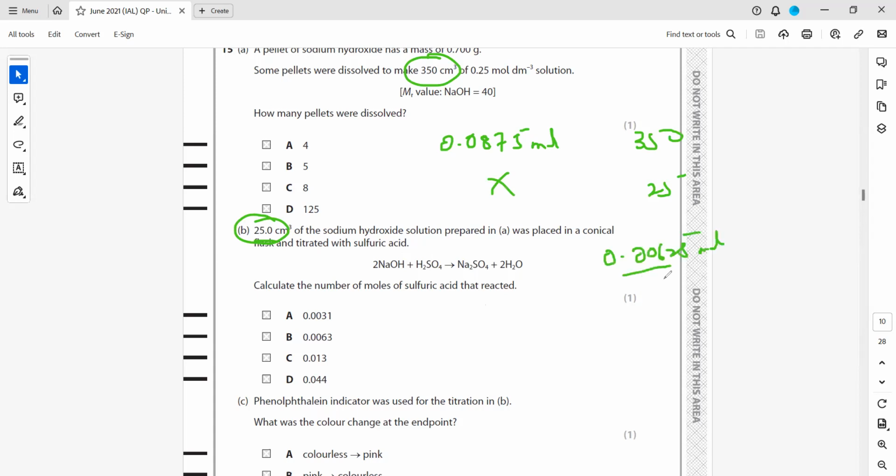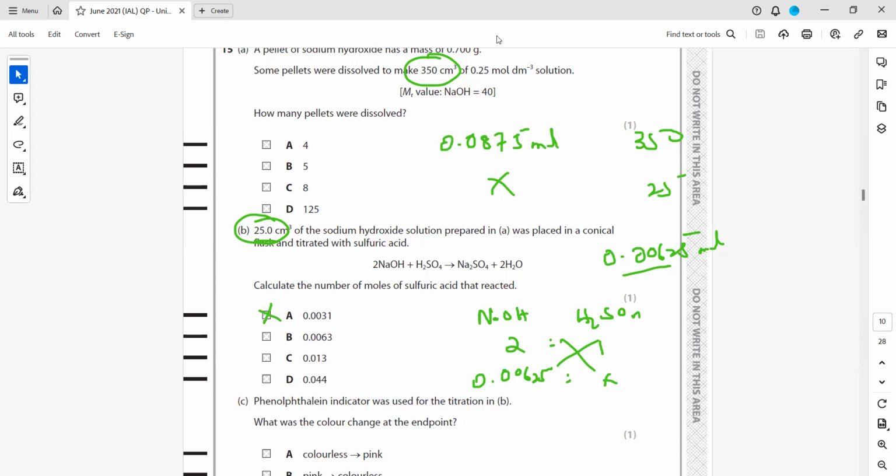And we'll use the ratio of sodium hydroxide to sulfuric acid. The ratio is 2:1. So if we have 0.00625, this will be X. We cross multiply, so it will be divided by 2. So we get 0.0031. These are the moles of the sulfuric acid used for the reaction.